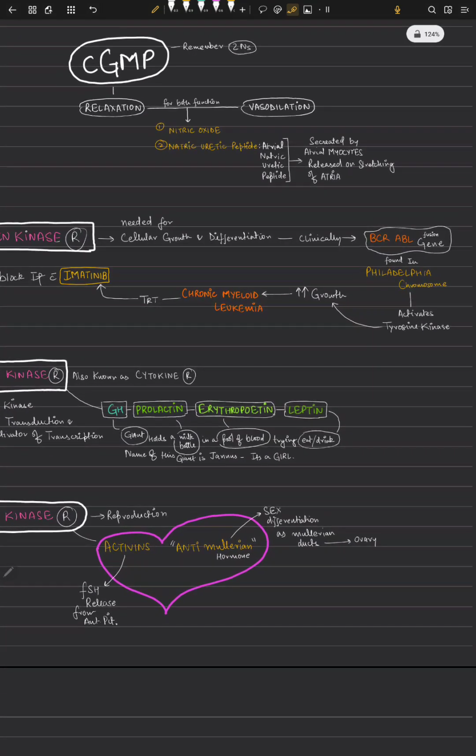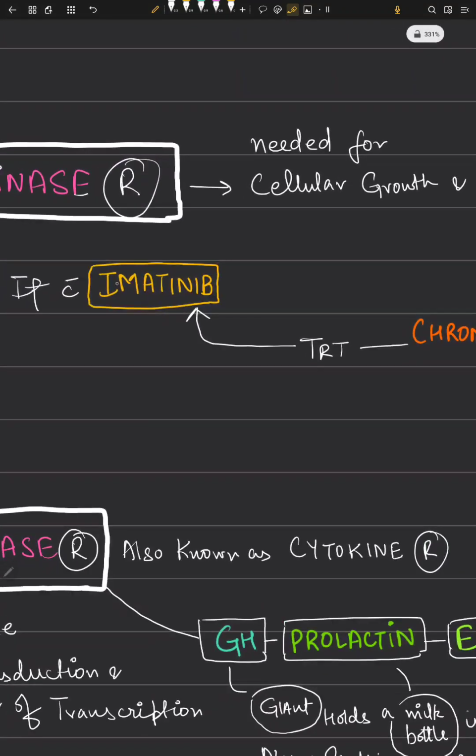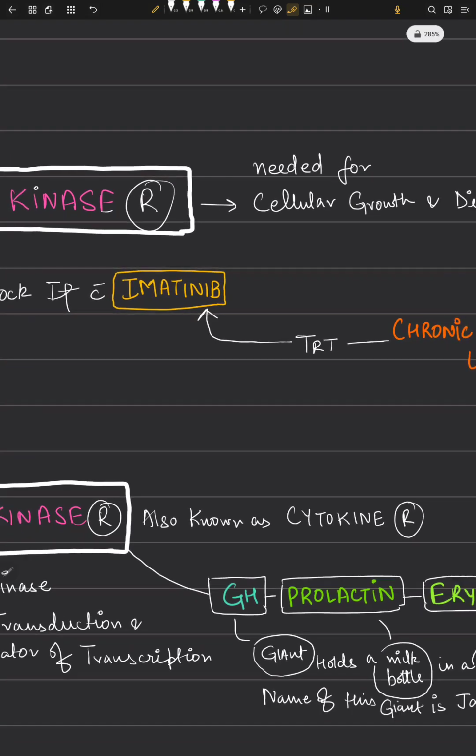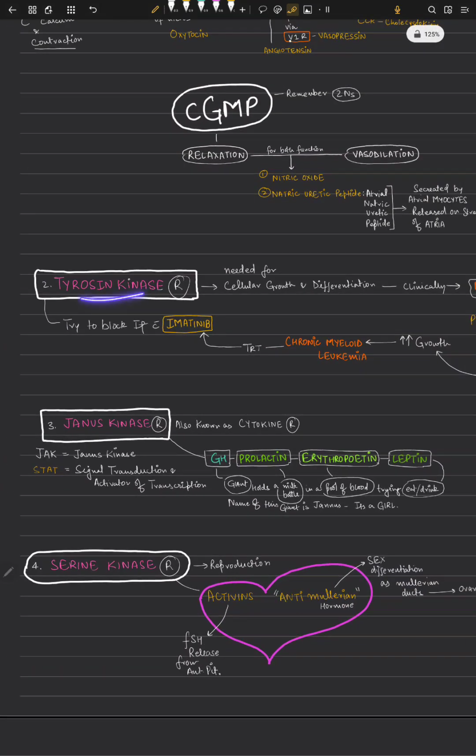So you have BCR-ABL, then the Philadelphia chromosome, then tyrosine kinase, and the growth is amazing, and then you have CML, and for treatment you need imatinib. What this does is it blocks tyrosine kinase. Cool, now you know tyrosine kinase.